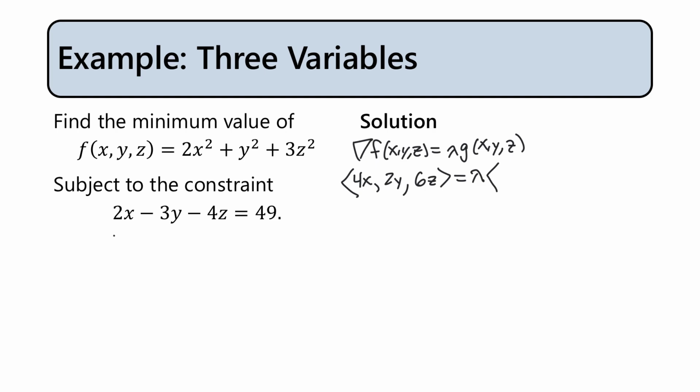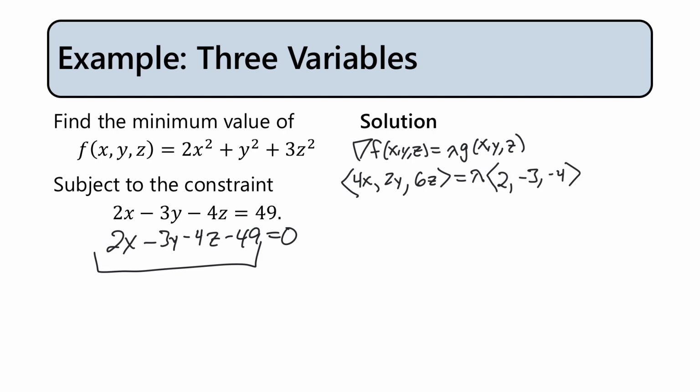Now again, I would kind of hearken you to remember that this is, kind of under the conditions that it's equal to 0, but it's not consequential here. So it's going to be 2, -3, and -4.